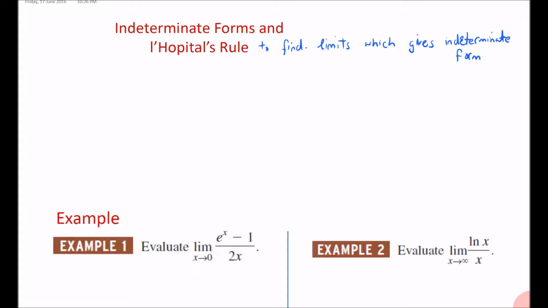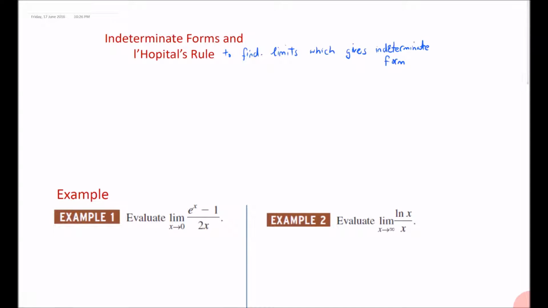What is an indeterminate form? Indeterminate form is 0 over 0 or infinity over infinity. So when you have limits which reduce to 0 over 0 or infinity over infinity, you can use L'Hopital's rule.